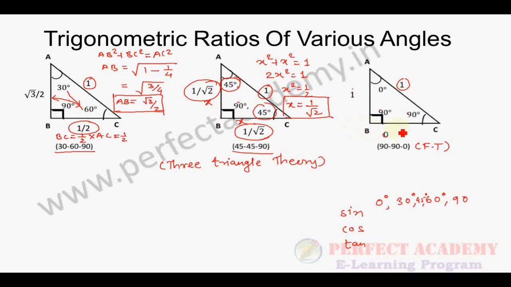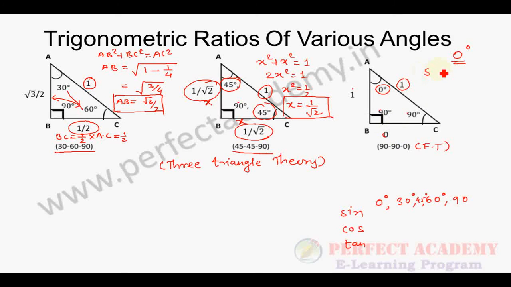Now as we know these three triangles, let me go and check the sine, cosine and tan values of various angles. How to find it? Let's say we are talking about 0 degrees. 0 degree is available in this third triangle, so I will concentrate on the third triangle. For 0 degree, this is the opposite side, right?